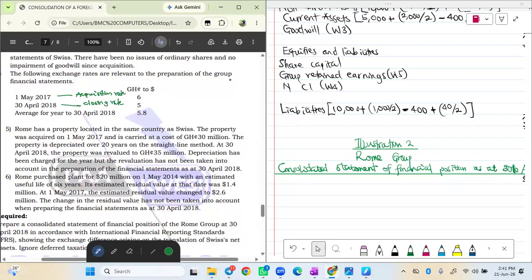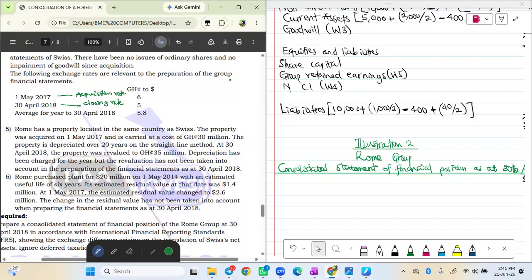6. Rome purchased plant for $20 million on 1st May 2014, with an estimated useful life of 6 years. Its estimated residual value at that date was $1.4 million.